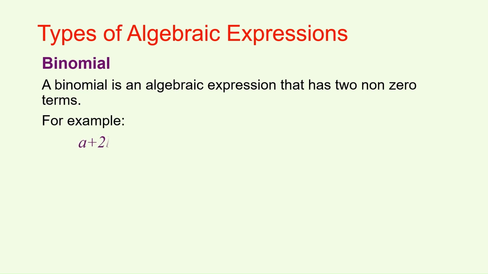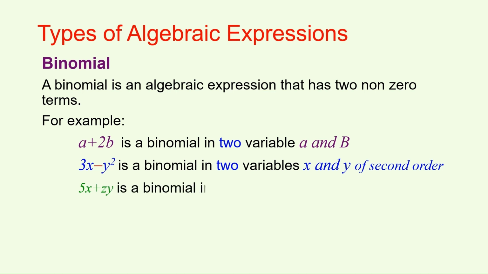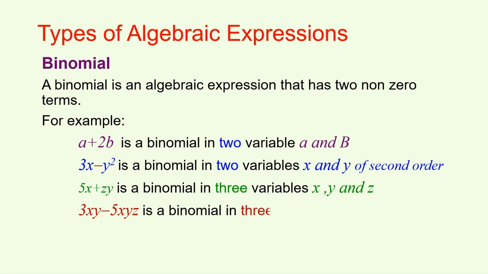For example, a plus 2b is a binomial in two variables a and b. 3x minus y squared is a binomial in two variables x and y of second order. 5x plus zy is a binomial in three variables x, y, and z. 3xy minus 5xyz is a binomial in three variables x, y, and z.